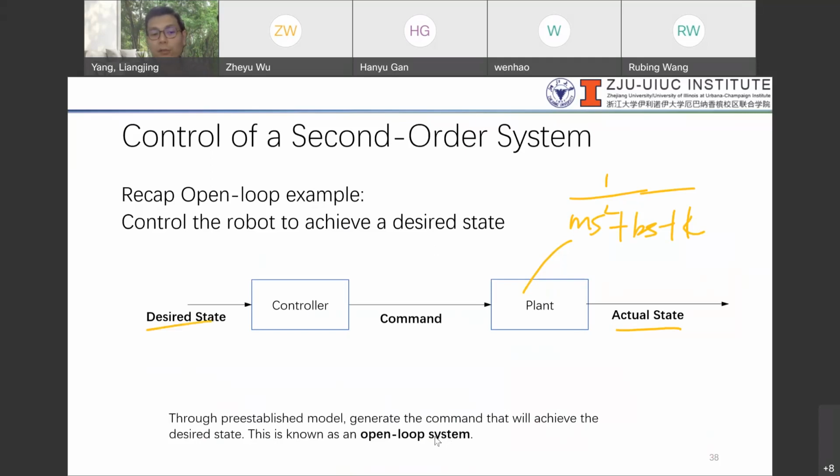So you will design a controller that will send in something to the plant, such that the actual and the desired state will be very close, right? Of course, through a pre-established model, you can generate that command without any feedback. All right. So that is an open loop system.